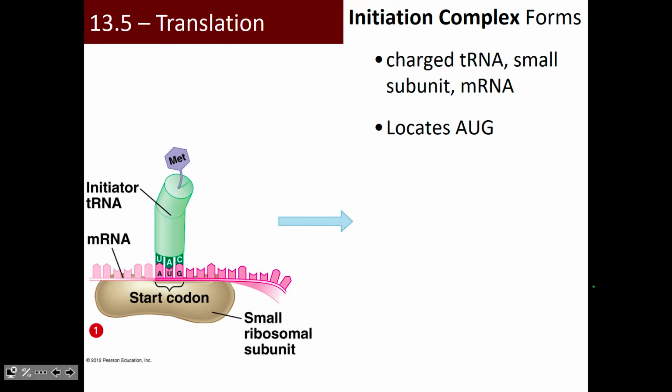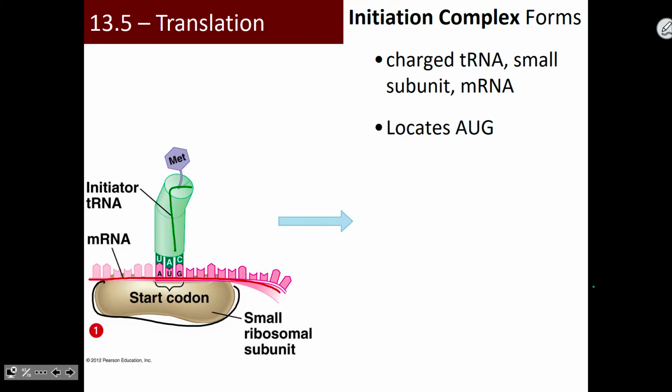All right. So initiation begins when the initiation complex forms. And all of these pieces are going to have to come together for initiation to happen. First, we have the small ribosomal subunit down here. And we have our messenger RNA, our mature messenger RNA. And then we have a tRNA.